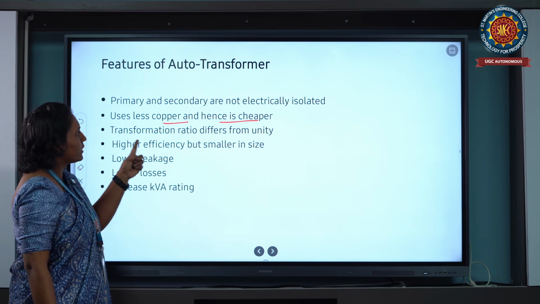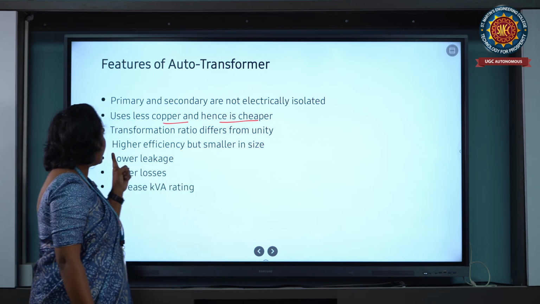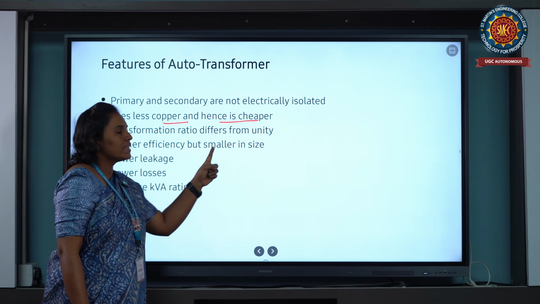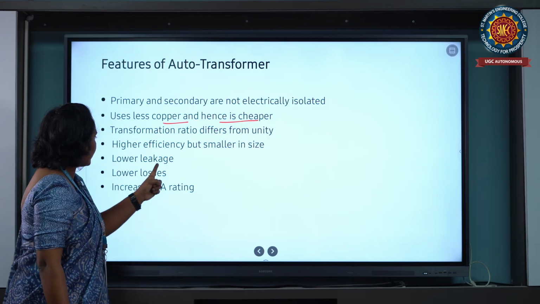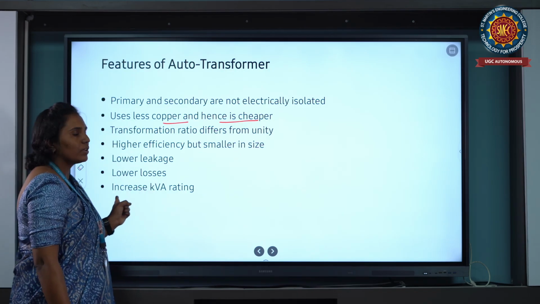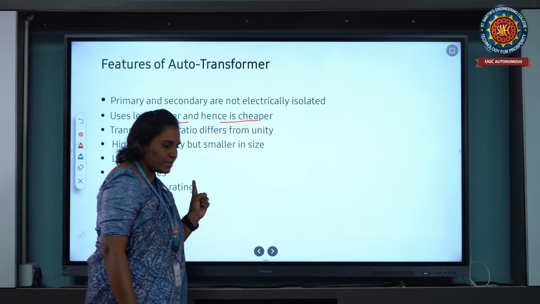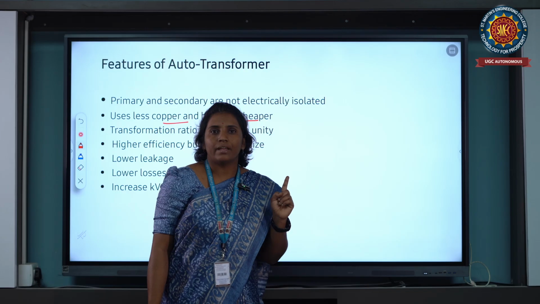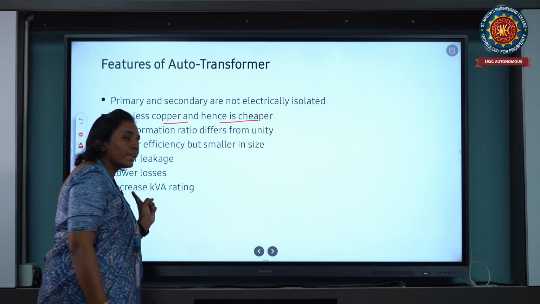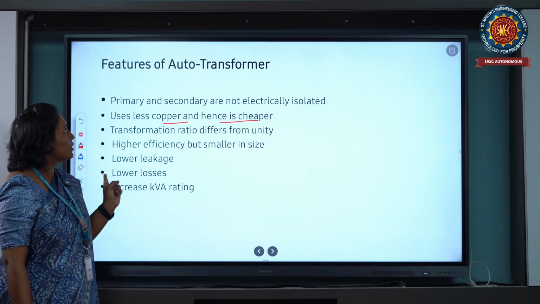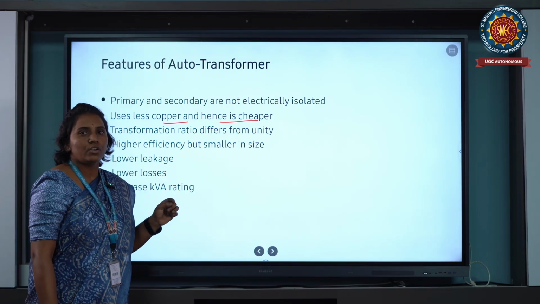The transformation ratio differs from unity, so it has higher efficiency but smaller size, lower leakage and lower losses, and increased kVA rating. So these are the features of the auto transformer.